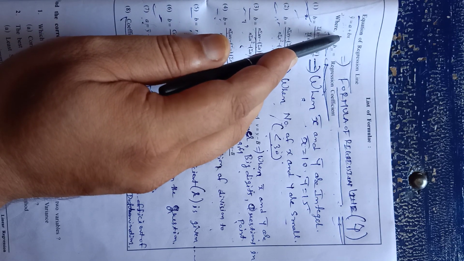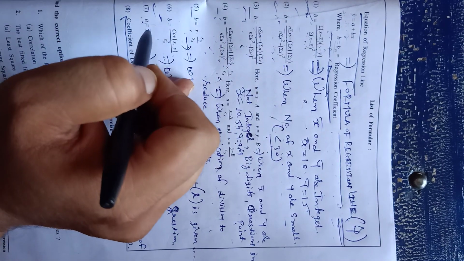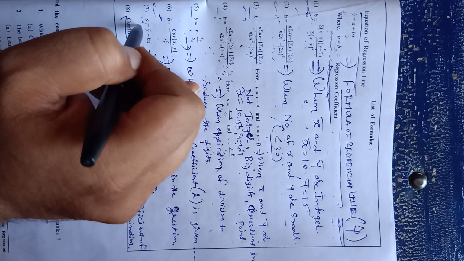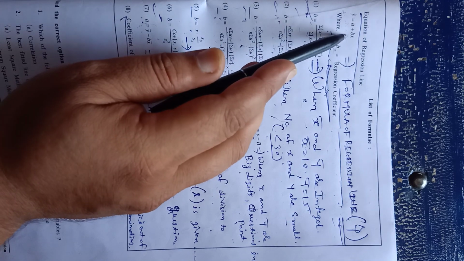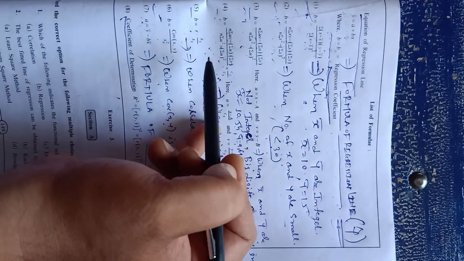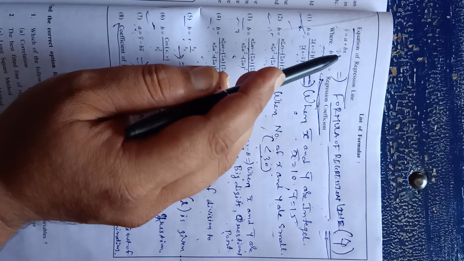Here we can understand, students, that A means the constant, which I explained in the last formula, number 7. B means the regression coefficient, which I explained by six different formulas.